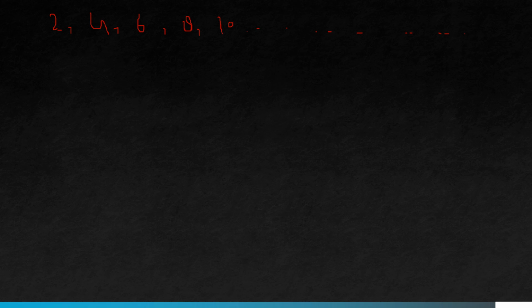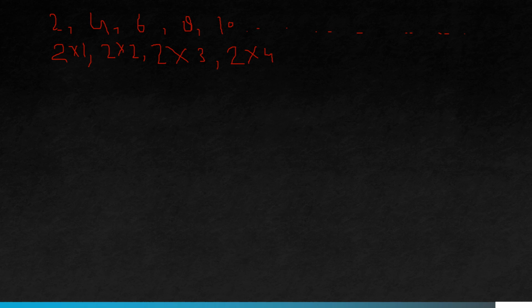So how can we generalize this? Let's say this is 2 into 1, right? This is 2 into 2. This is 2 into 3. 6 is equal to 2 into 3. 8 is equal to 2 into 4, right?